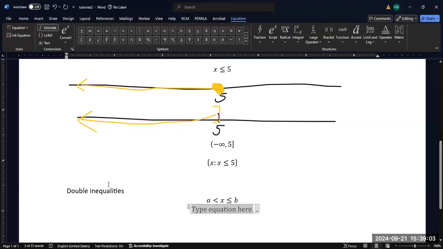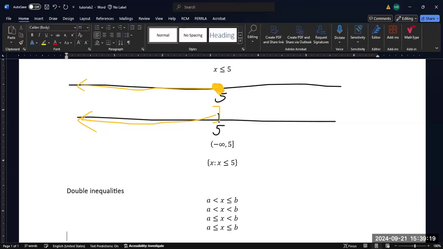So you can have a number that is less than X or less than B, or a number that is less than or equal to X, but less than B, or less than or equal to X and less than or equal to B. And so you could have all 4 of these combinations.